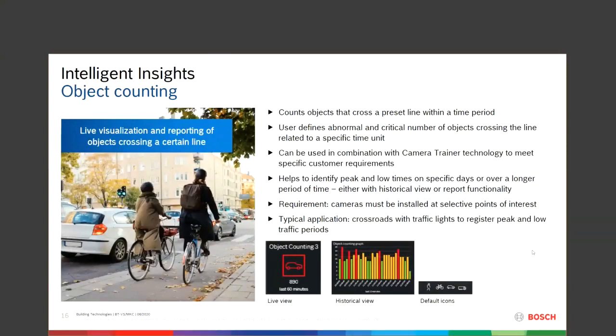Object counting. This is a scenario which I mentioned as natively good for all kinds of transportation purposes. So we can count cars, bikes, trucks, pedestrians, and so on, if we need this. But we can also apply the camera trainer, the machine learning capacity with Bosch cameras, and train it to detect specific shapes.